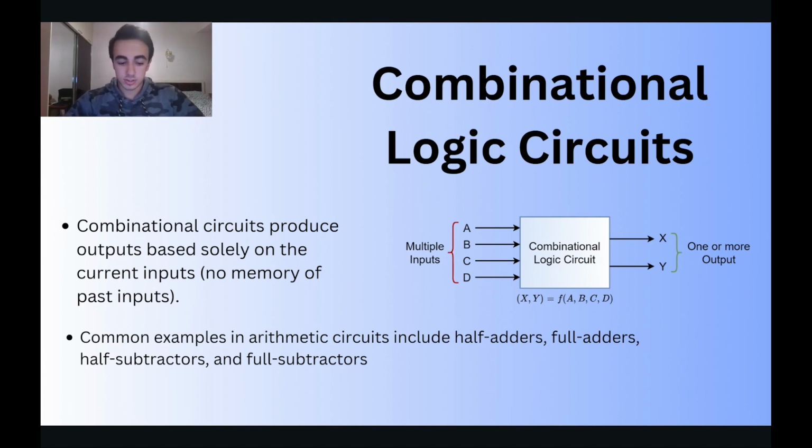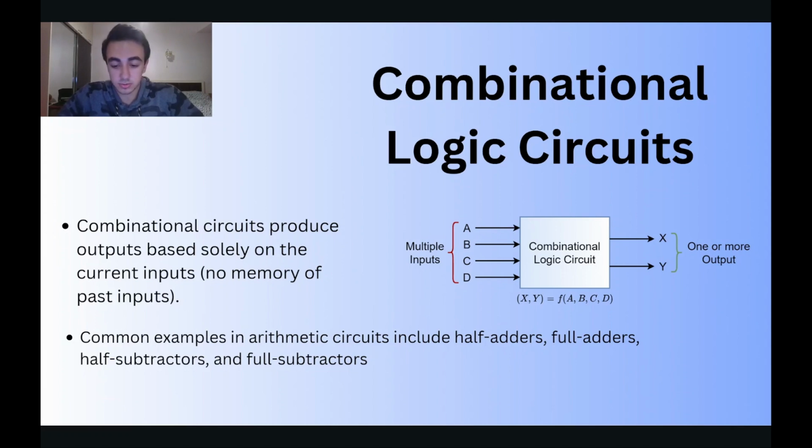Combinational logic circuits. Okay, these circuits play a crucial role in performing basic arithmetic operations such as addition and subtraction without relying on memory. So they use no memory and operate on their instant values.